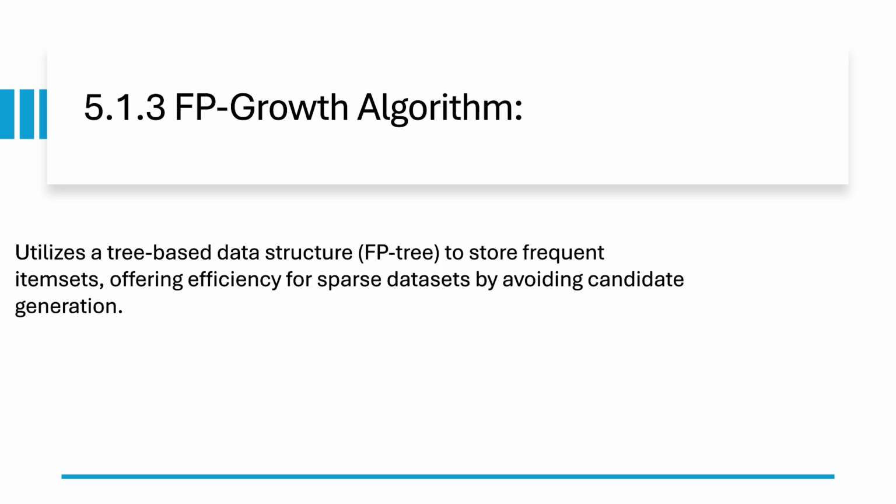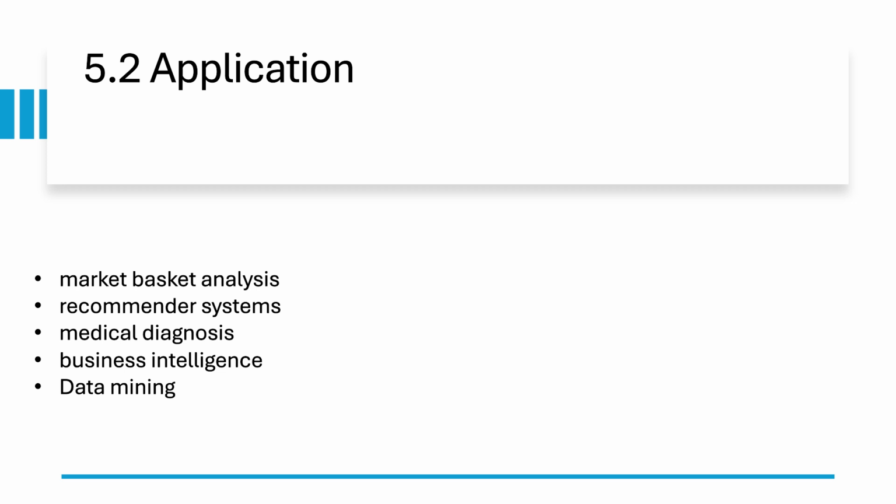Then the FP-growth algorithm. It utilizes a tree-based data structure, the FP-tree, to store frequent item sets, offering efficiency for sparse data sets by avoiding candidate generation.